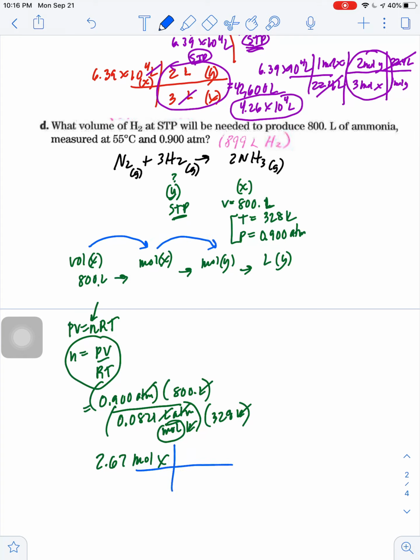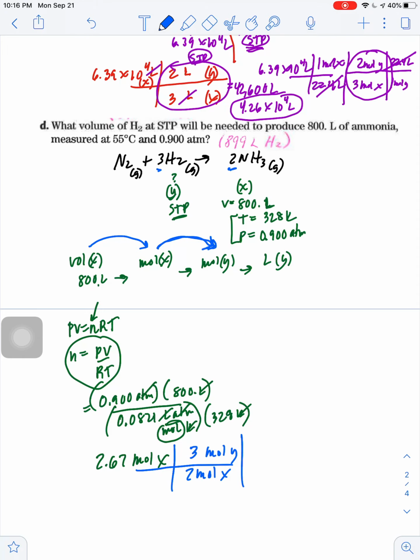Well, I have to use the mole ratio, always. So what's the mole ratio between X and Y? It is 2 moles of X to 3 moles of Y. All right, that took care of that second jump right there.